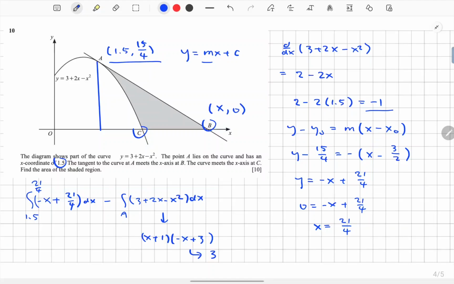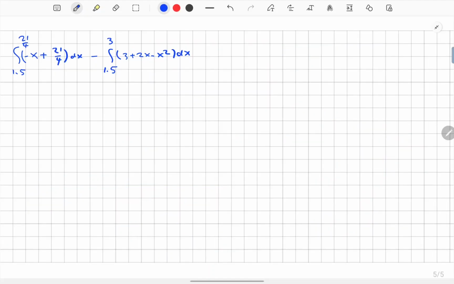So the x coordinate of c is 3, and the a is 1.5. So we'll work out this entire integral. Right now we have two integrals and we'll calculate them separately.